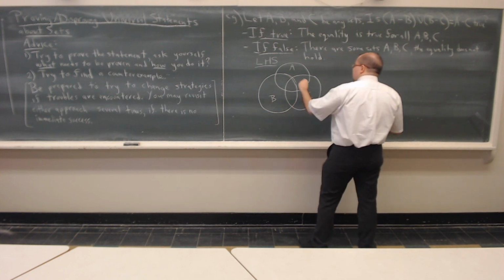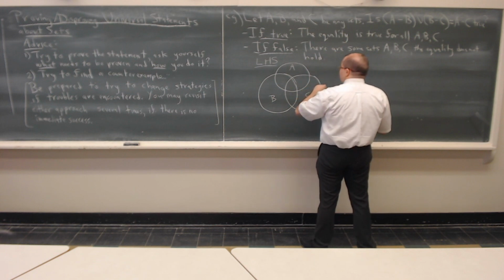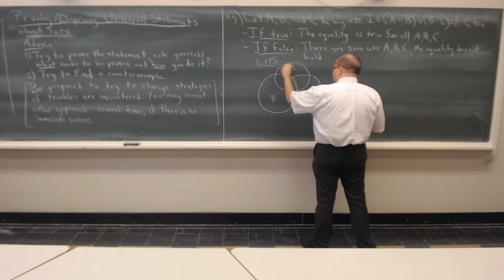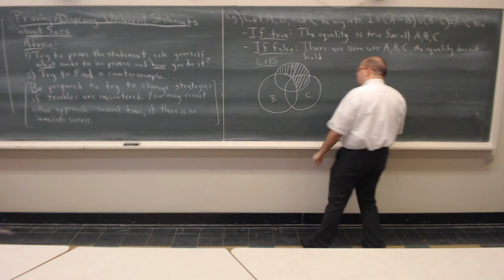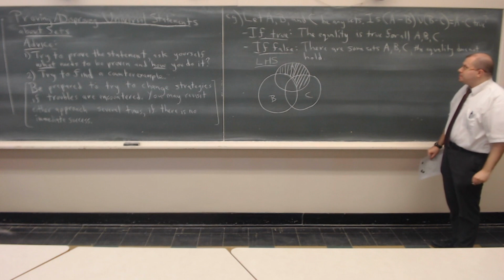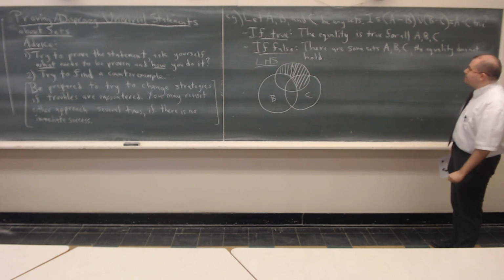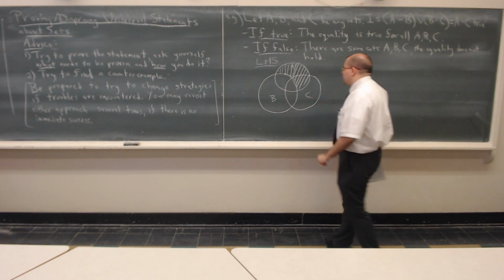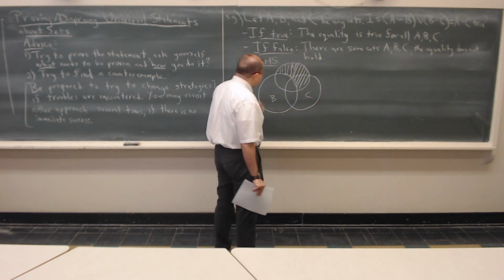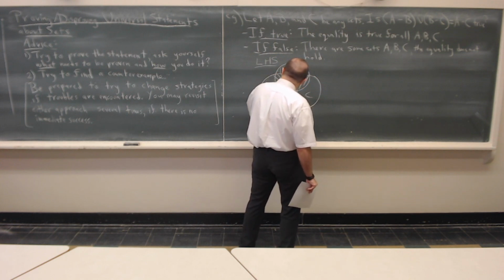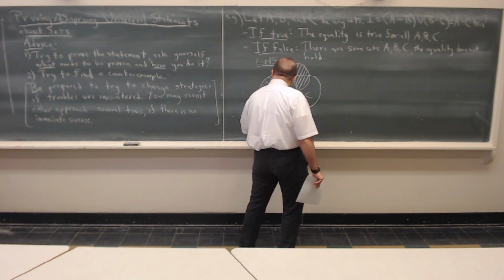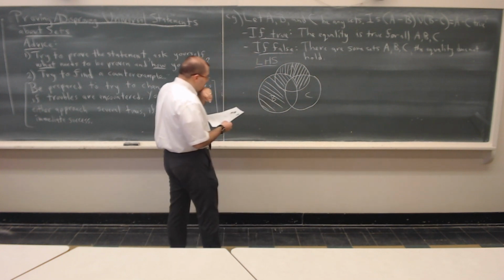If I have A set minus B, remember, that's all the elements that are in A but not in B. So I'm just going to shade A like this, just so I can see one direction here. Then the other one is B set minus C, right? So I have to remove all the elements that are from C from B. I'm going to draw the dashes the other way. Well, look at that.